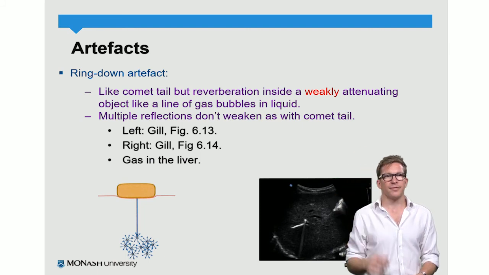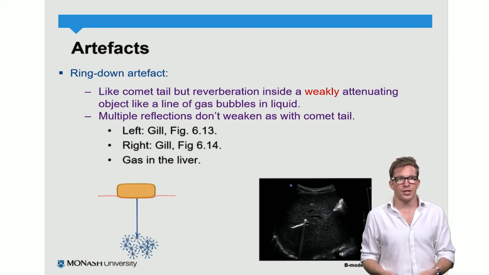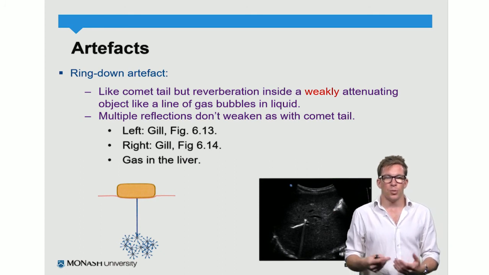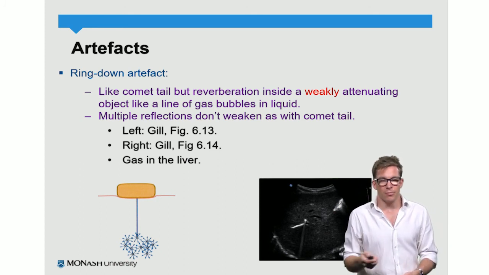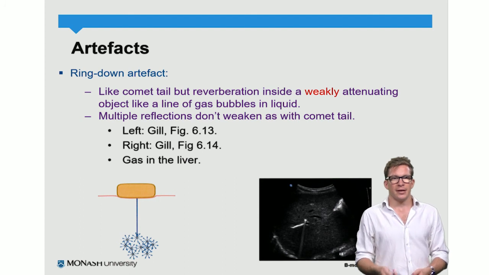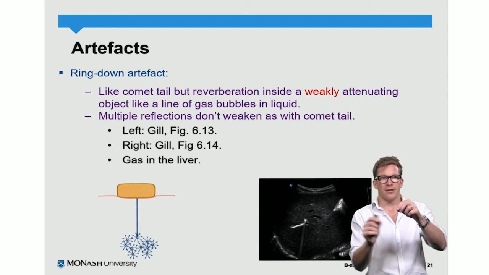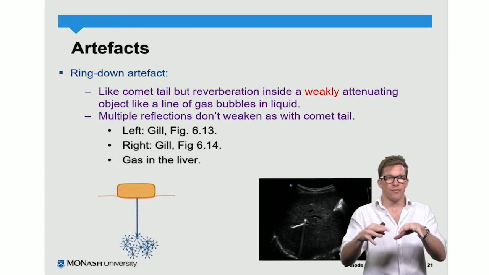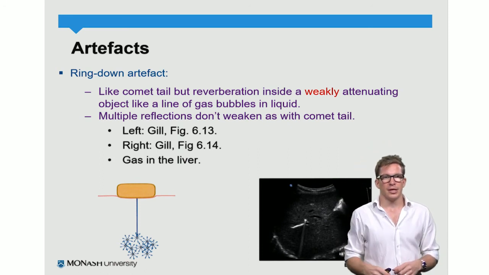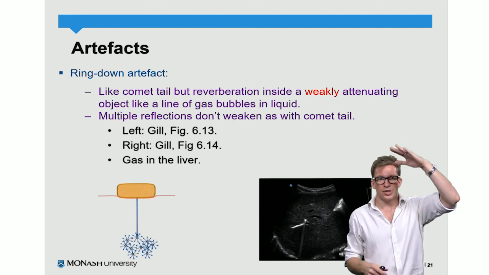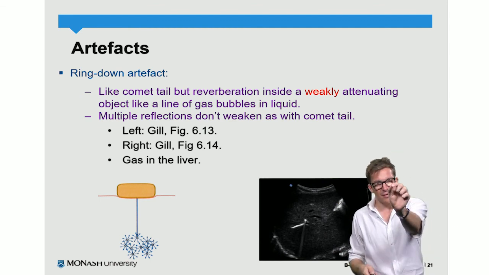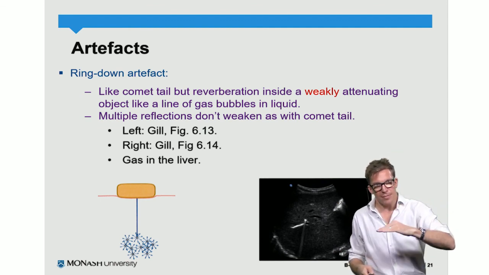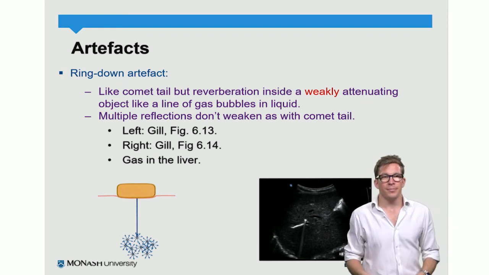So the ring down artifacts are a reverberation effect that's associated with weakly attenuating objects like air bubbles, and here we can see the sound wave causing that energy to reverberate and then go back up to the transducer in a staged approach, and we can see that thin line of edges emanating down in the image on the right hand side.